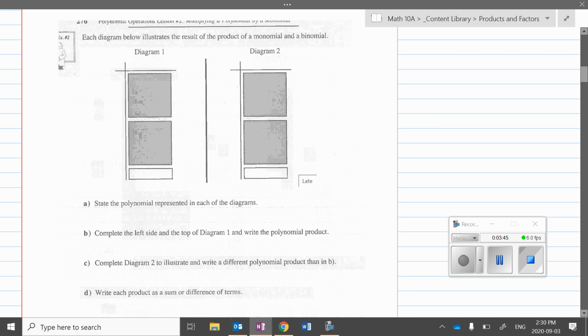So a question like this, they've given us our answer, and we're going to work backwards. So what are the 2 pieces we're multiplying together to get this product? With questions like this, there can be multiple answers because of positives and negatives. So on this first one, it has to be x long across the top.